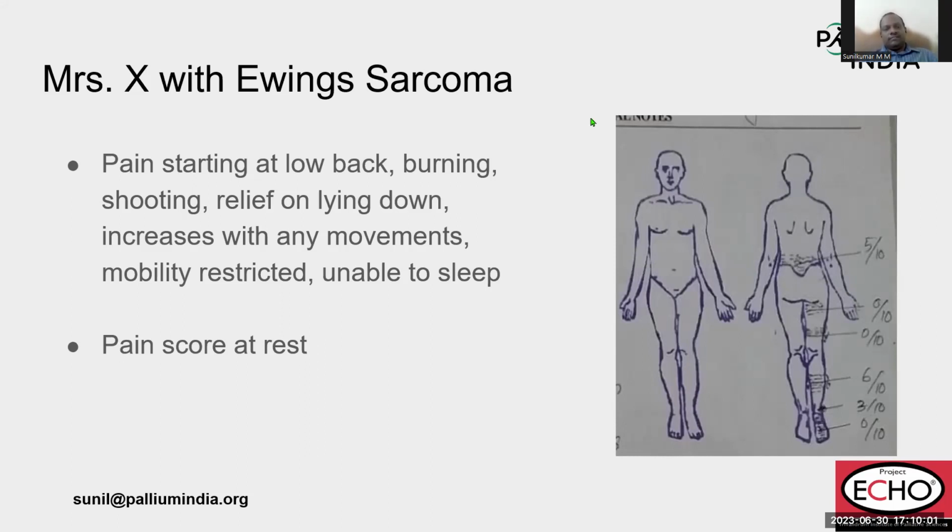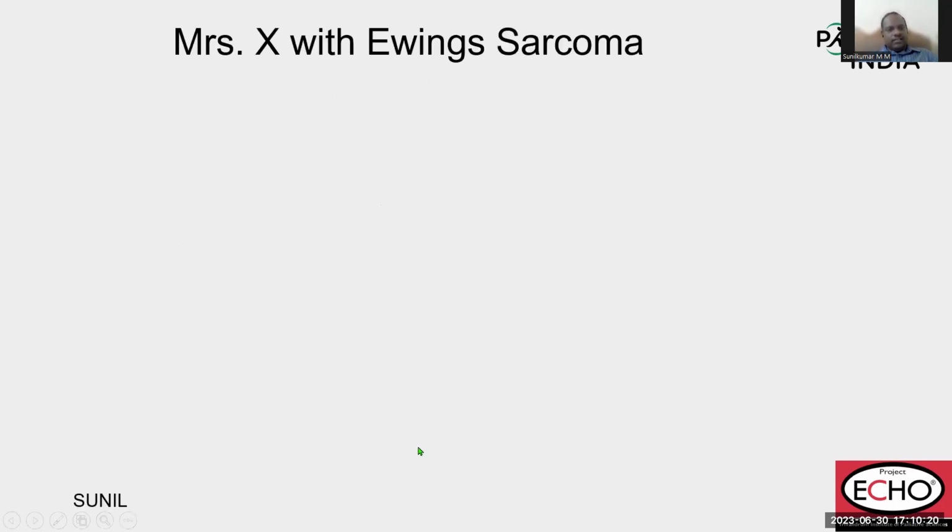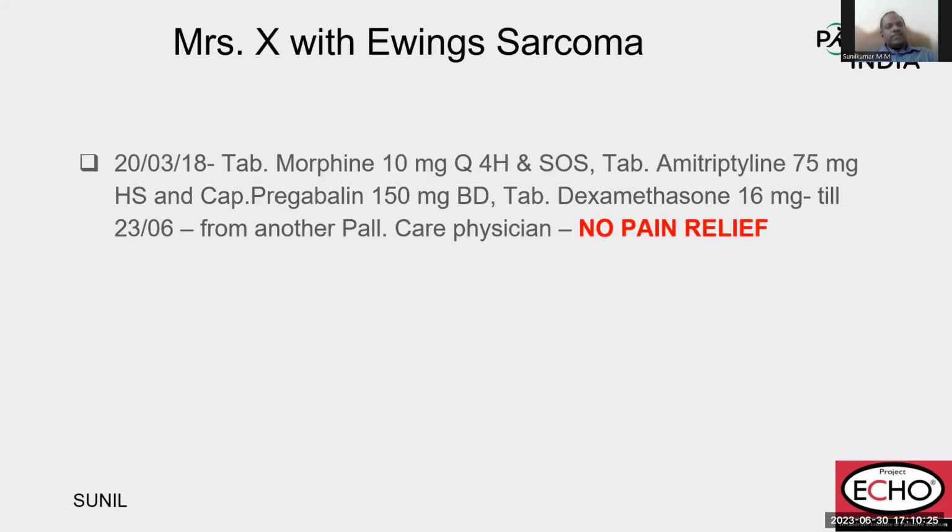You may think this patient doesn't have much pain, but this is the pain score at rest, and at any moment the pain increases. So probably morphine should be given.